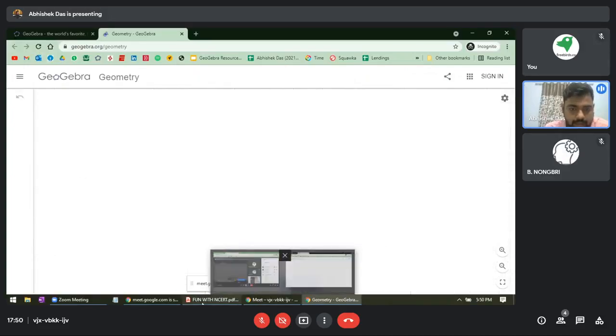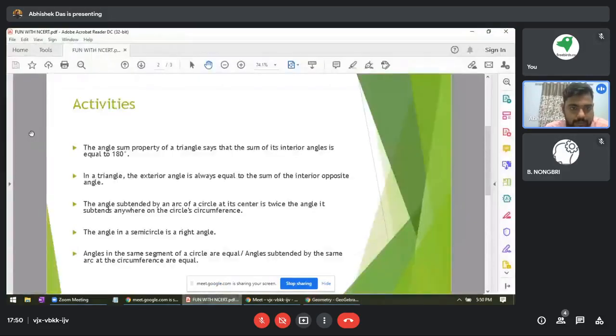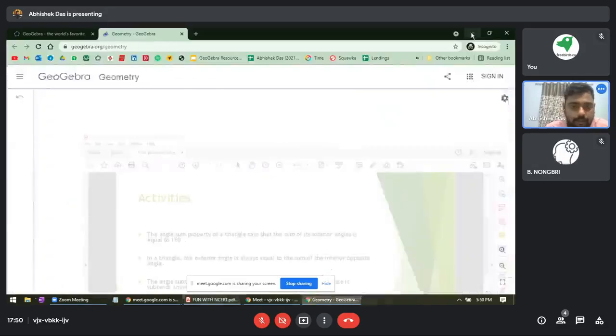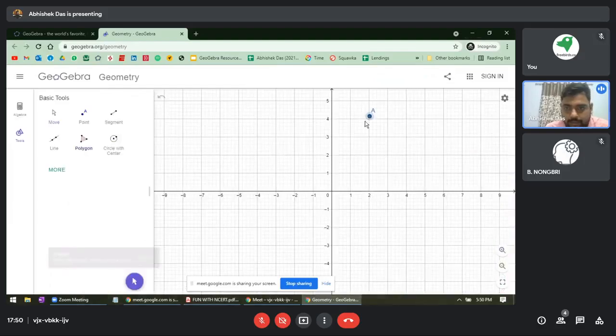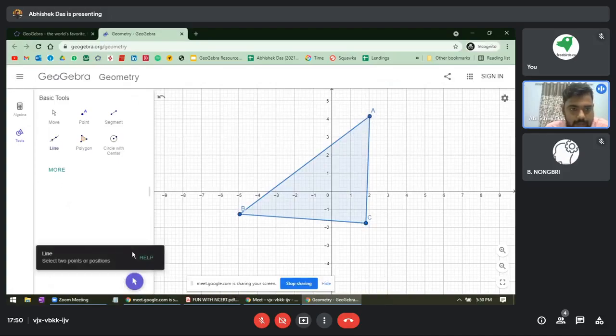And then let's look at another property. In a triangle, the exterior angle is always equal to the sum of the interior opposite angles. Right? Let me draw a polygon again. Right. And let me draw a line through this point.